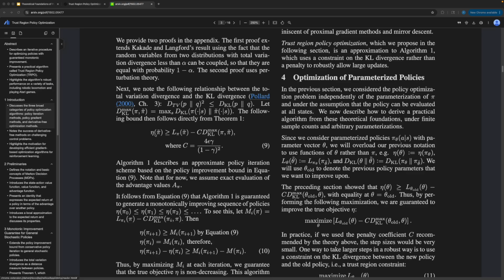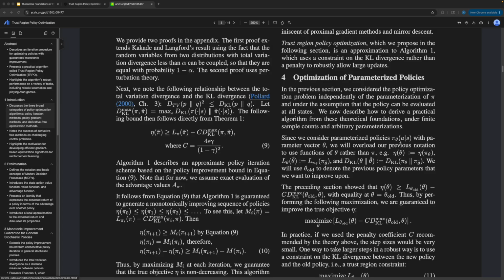So now let's look at how to define this general policy iteration algorithm for the case where you have parameterized policies. Say, for example, let's look at the policy pi theta of a given s. Here the policy is defined using some parameters theta.